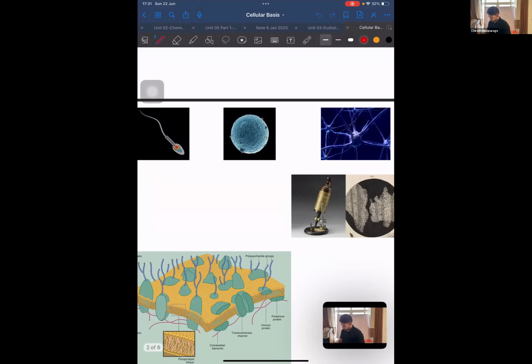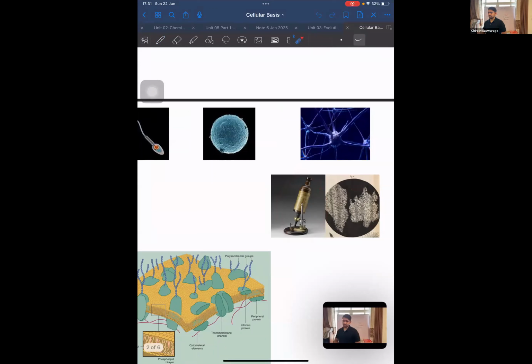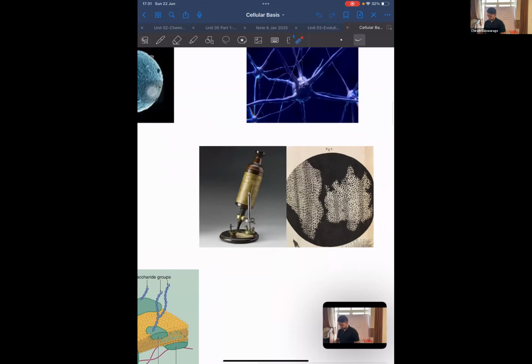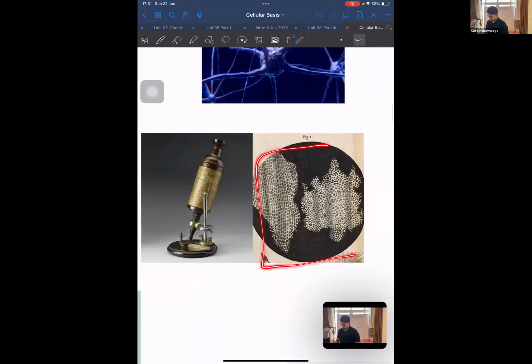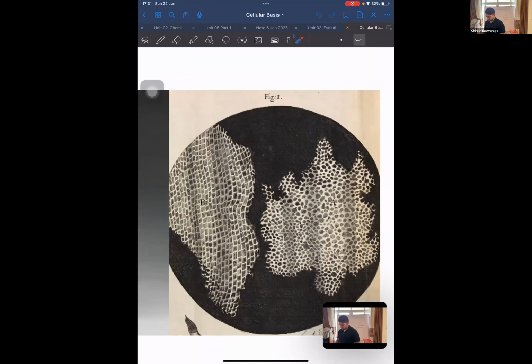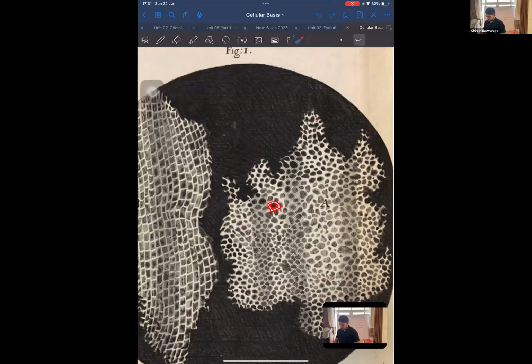This is Robert Hooke's microscope that we consider. This is, I think, a remake of it, not the original one. This is the microscope he used, and this is the view that they say he observed. Even at present, you can observe this. A thin slice of cork, and he observed it under this microscope, and he could see these individual compartments.